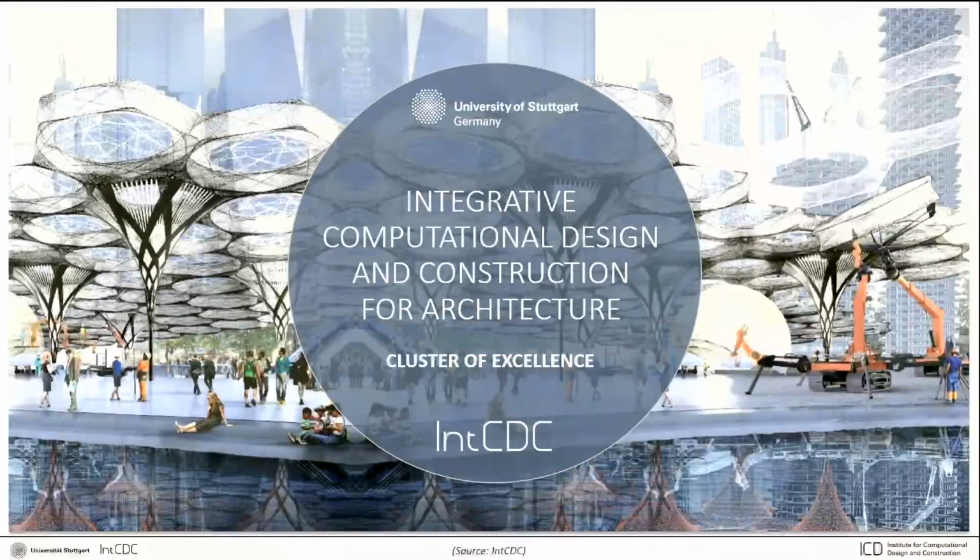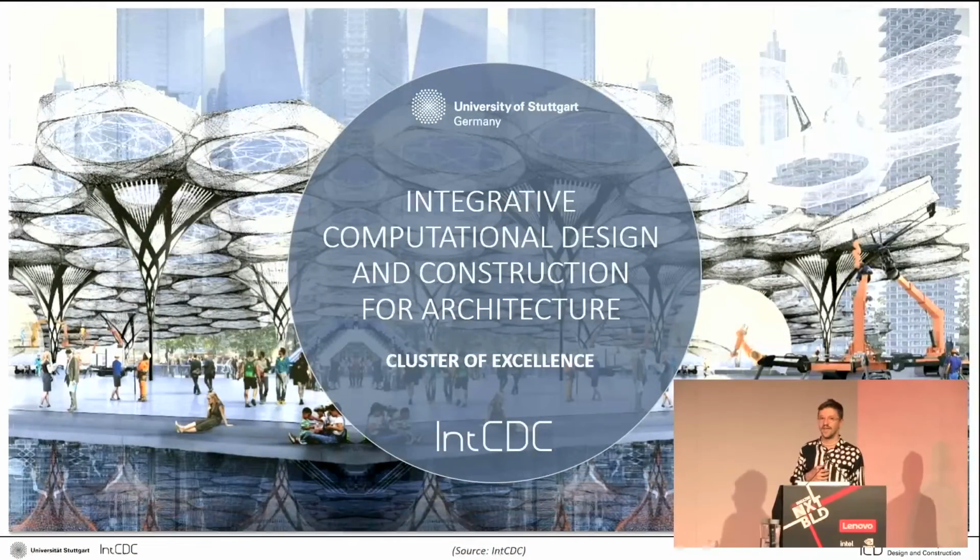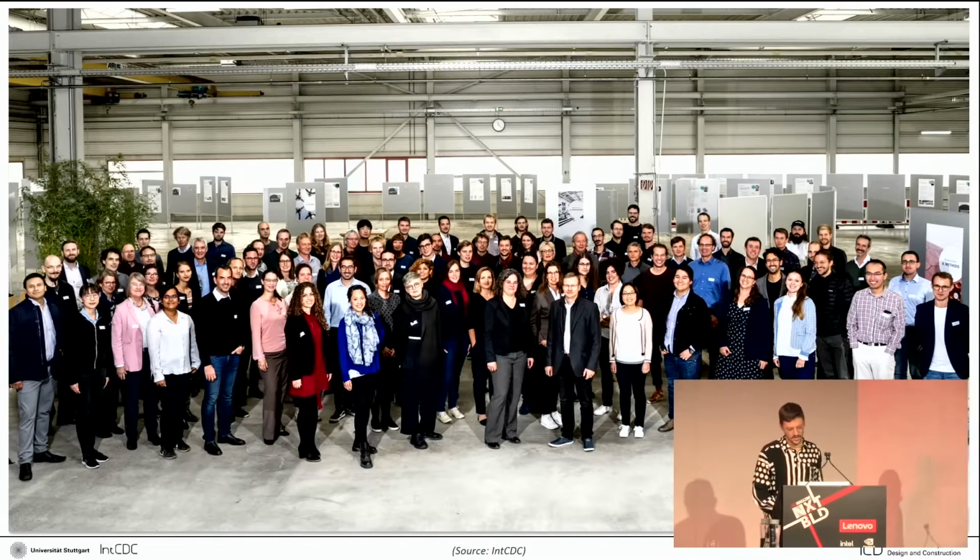And so to start, I would say I am a member of the Cluster of Excellence on Integrative Computational Design and Construction for Architecture, otherwise known as the IntCDC. The IntCDC is a research cluster composed of various institutes across different disciplines from the University of Stuttgart, the Max Planck Department on Intelligent Systems, and recently the Technical University of Berlin.